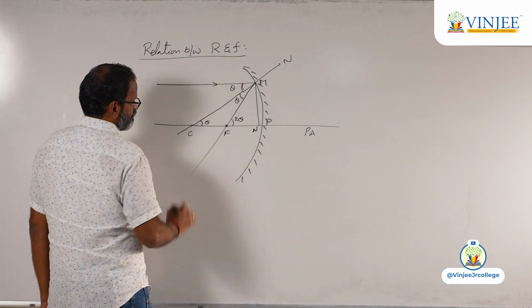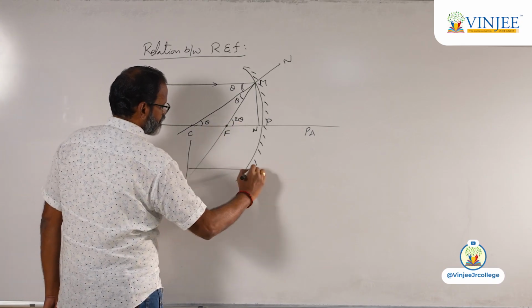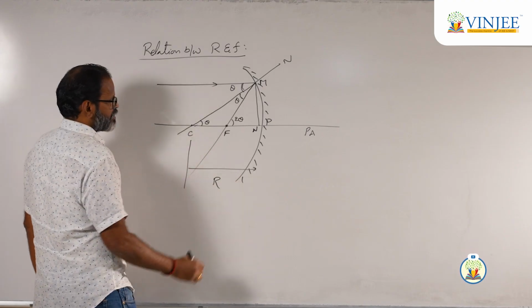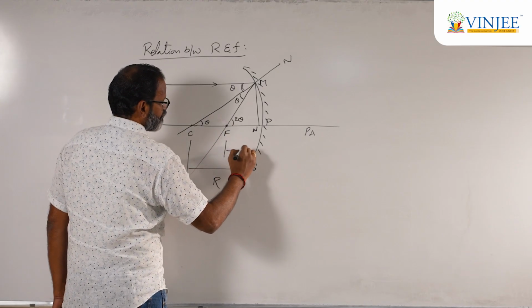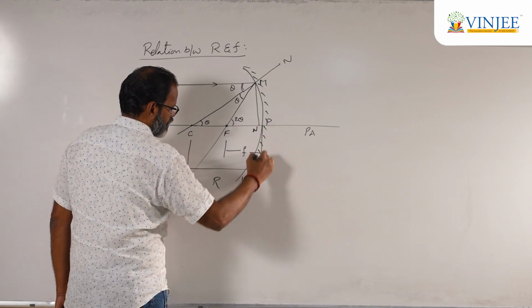So from the diagram, the distance of the center of curvature is equal to the radius, and the distance of the focus is equal to the focal length.